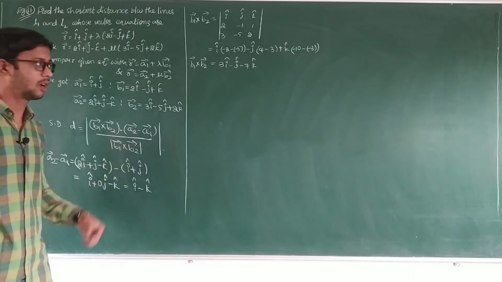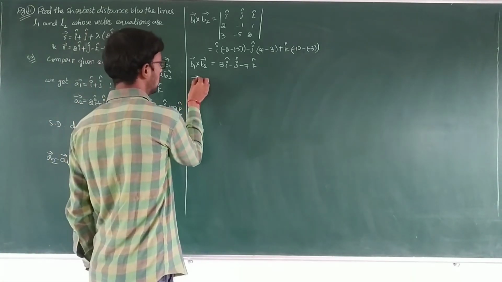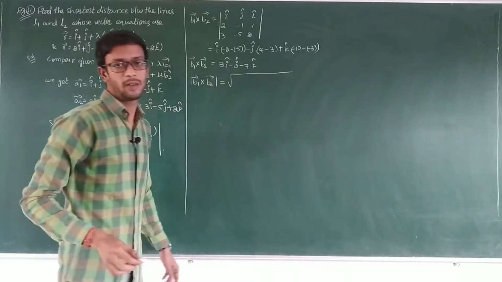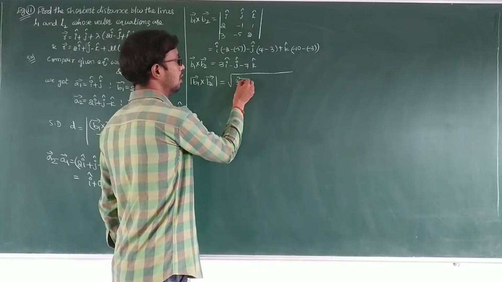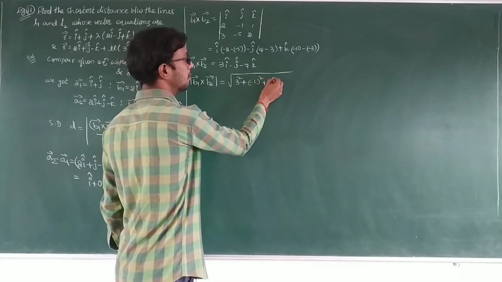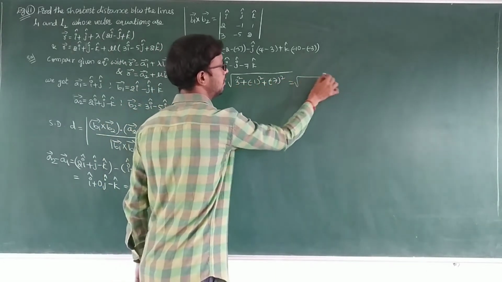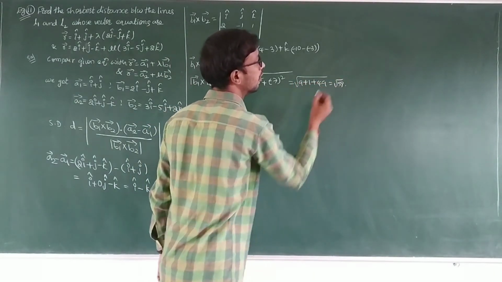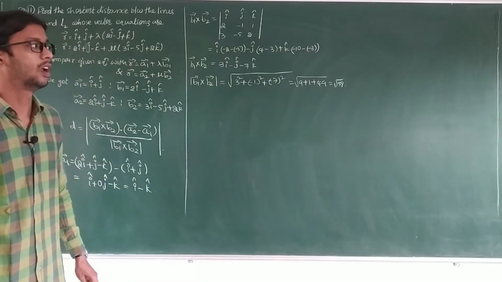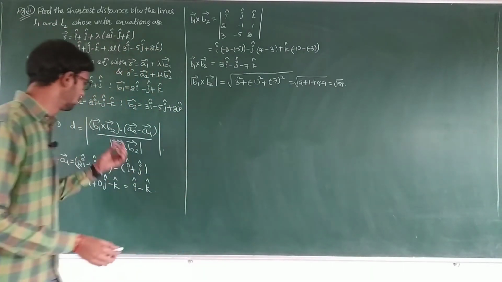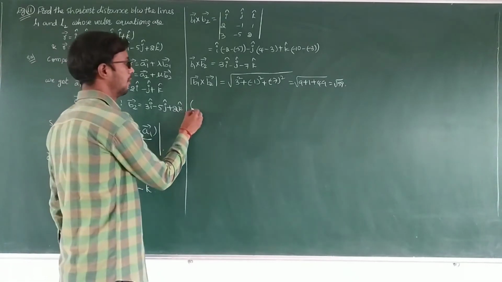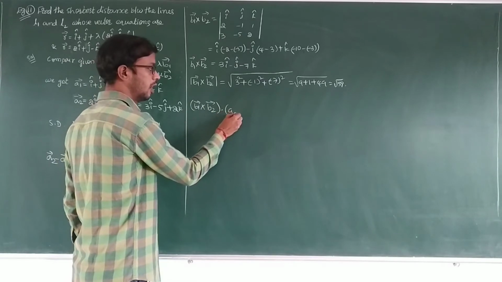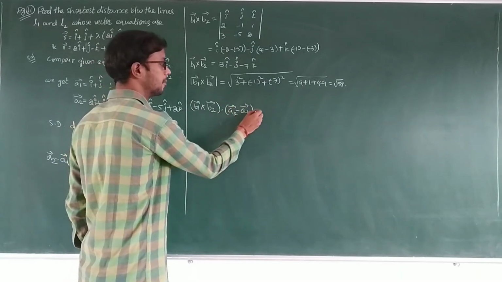Next we need the magnitude of B1 bar cross B2 bar. Magnitude is the square root of 3 squared plus minus 1 squared plus minus 7 squared: 9 plus 1 plus 49 is root 59. Now the dot product of B1 bar cross B2 bar with A2 bar minus A1 bar.